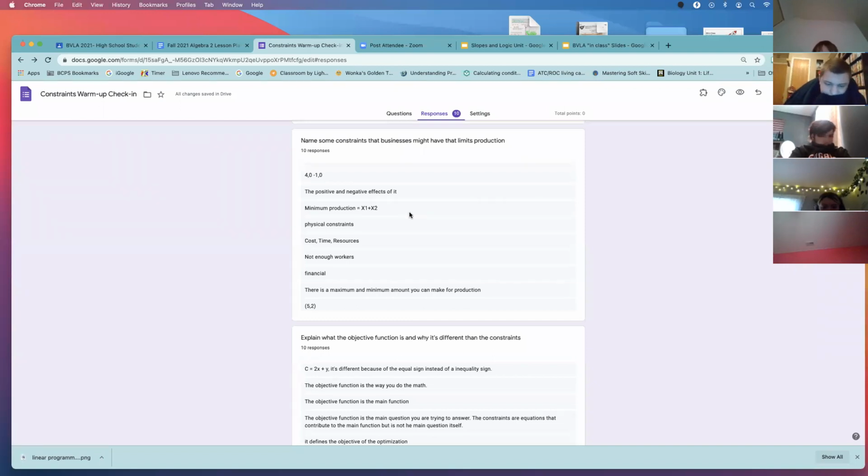The big thing is you have to make a decision how to best allocate your scarce resources, and this is true for business also. If you're in business, you have a scarcity of resources. You have a scarcity of time, space, money, and whatever. And you have to learn how you're going to best allocate those resources.